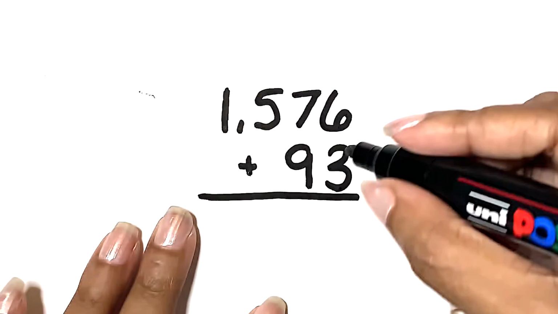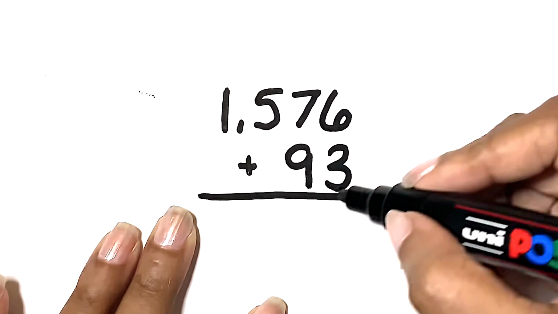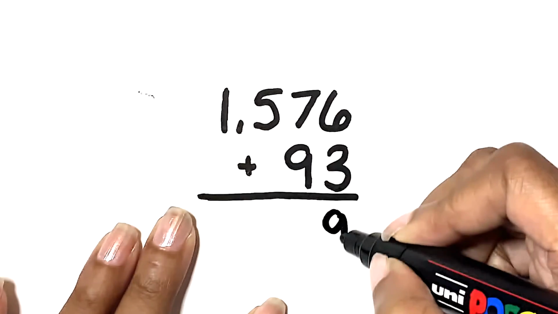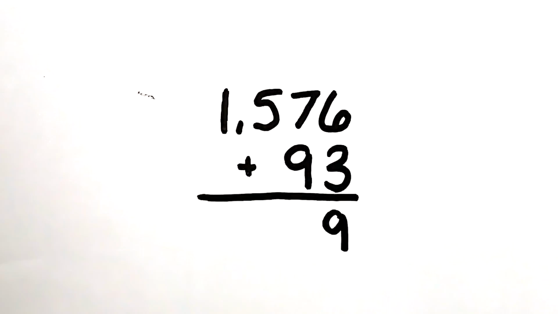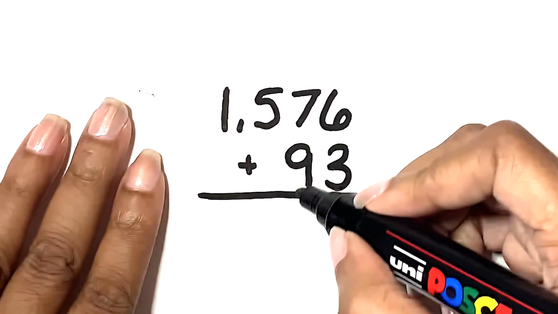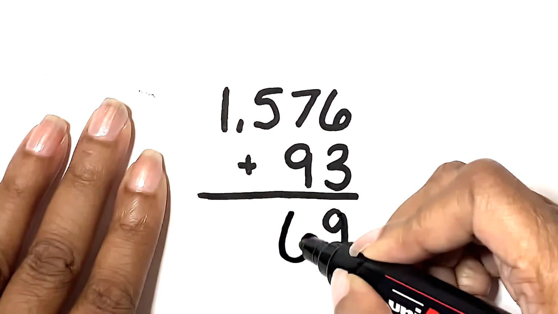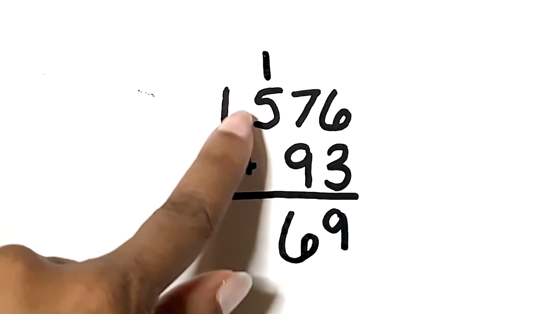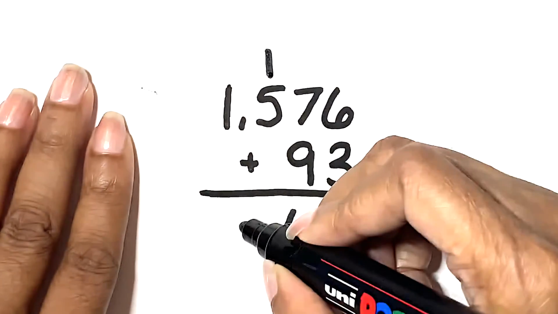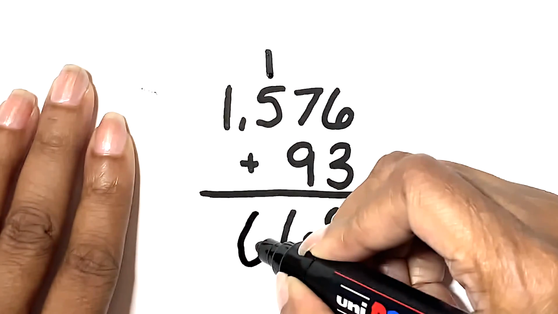So let's add 6 and 3 here, which gives us 9. 7 plus 9, which is 16. So we put the number 6, carry the 1 over the 5. 1 plus 5 is 6. Okay.